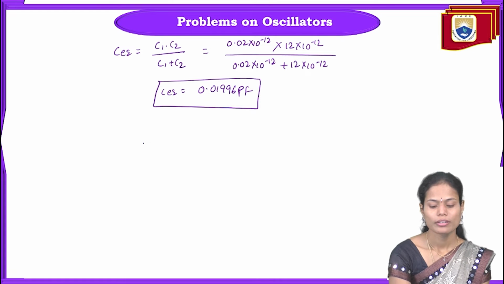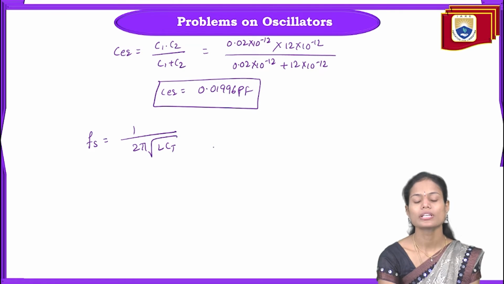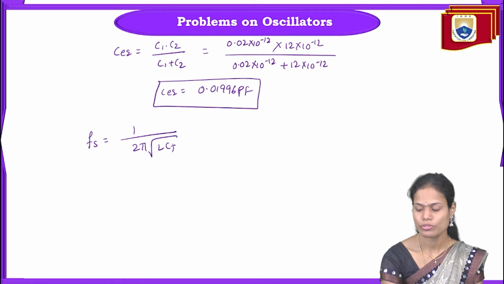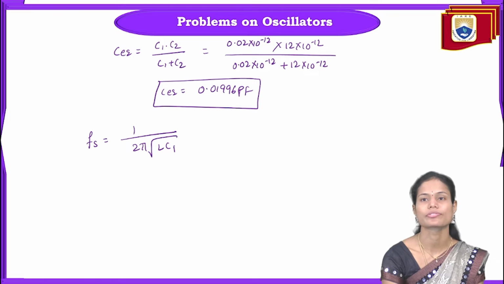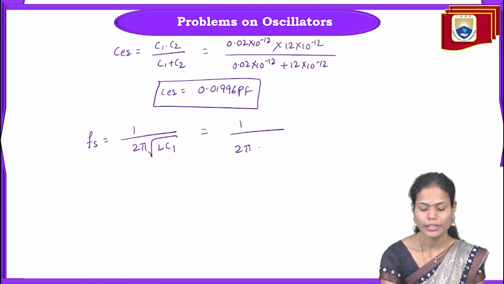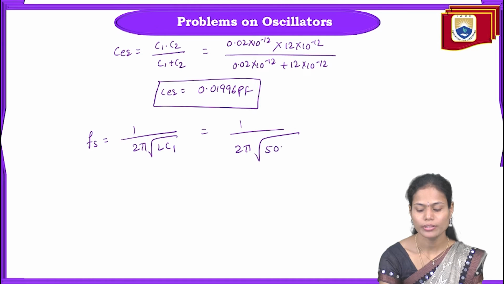Okay, so then from this, I'm going to calculate the first one, that is the series resonant frequency Fs, that is 1 by 2 pi under root of L C equivalent or C total. Sorry, C1 it is, C1 capacitance, that is 1 by 2 pi under root of inductance value is 50 millihenries.